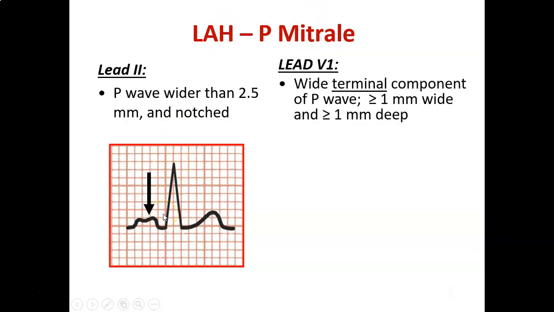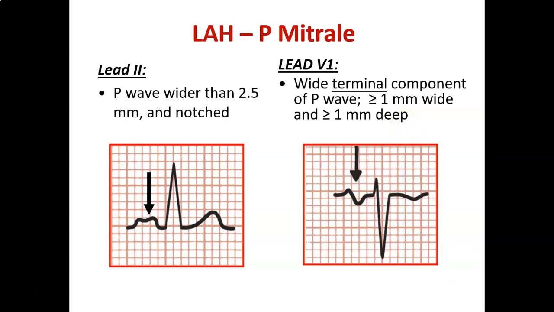You can further strengthen your diagnosis by looking at V1. If the distal, terminal component of V1 is wide, more than 1 mm, and deep, it's again in favor of left atrial hypertrophy. The distal component should be deep and wide, more than 1 mm, in V1.